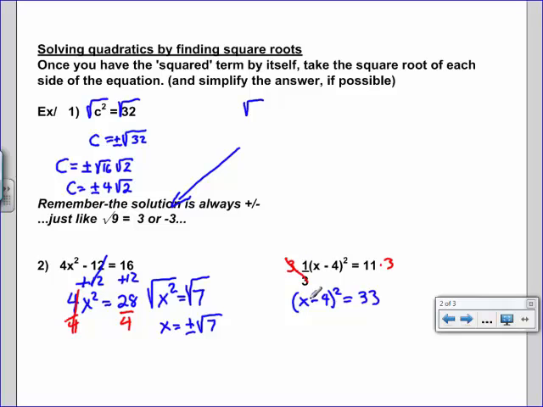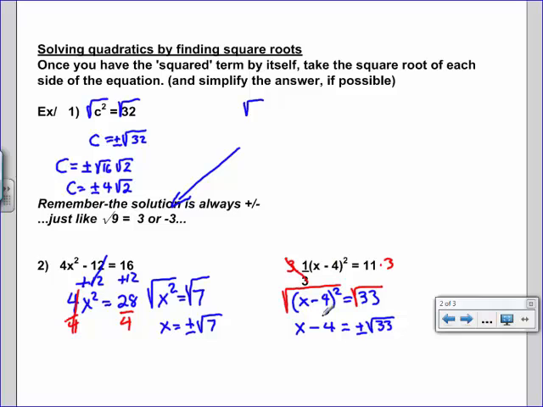Now, because this whole thing is being squared, you want to take the square root of the entire part. So you have the square root of x minus 4 squared and the square root of 33. The square root and square cancel, and you're left with x minus 4 equals the square root of 33, and it'll be plus or minus.